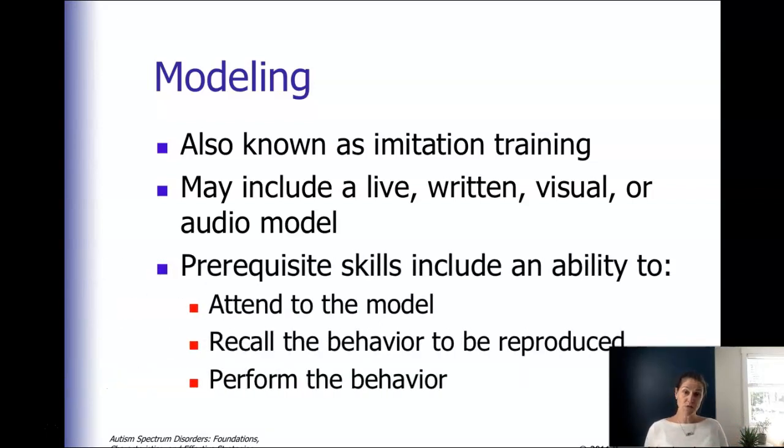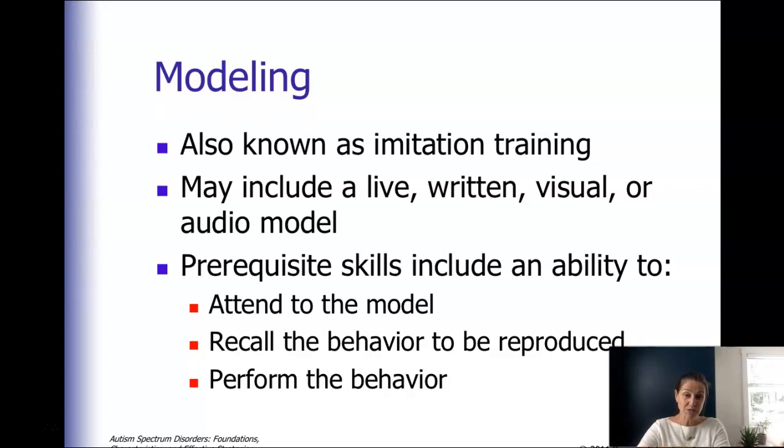But in order to use this, your learner has to have some prerequisites in place. So the learner has to be able to attend to the model. So they have to have the attention skills necessary to be able to follow along with what the model is doing. The learner has to be able to recall the behavior to be reproduced. So they have to have good enough memory skills to be able to remember what was just done before them.